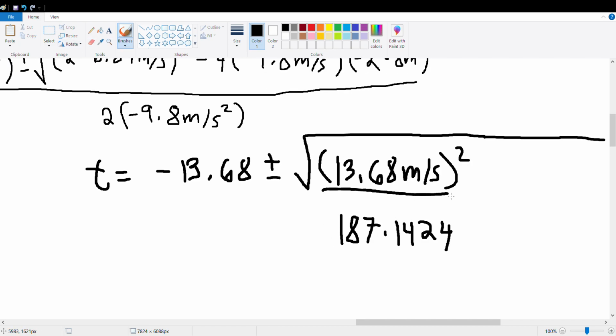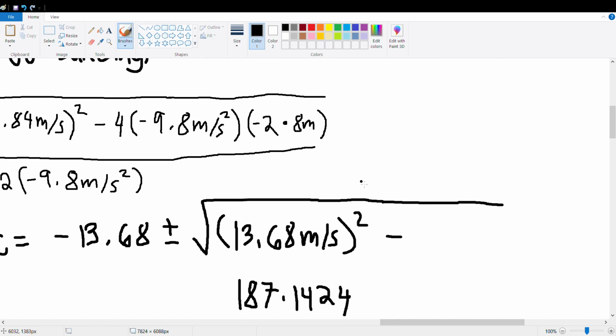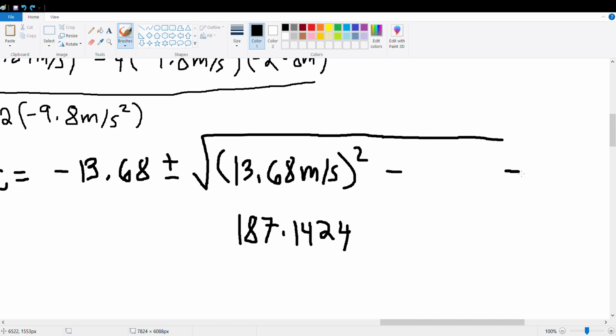So that is the value. This is squared. Then for 4 times negative 2 times 8, let's solve this first. Negative 2 times 8 is negative 16.